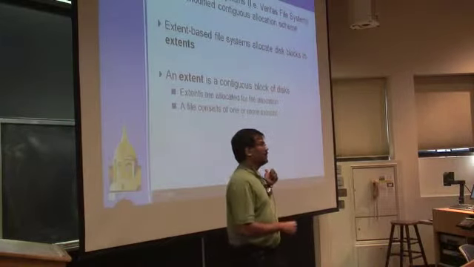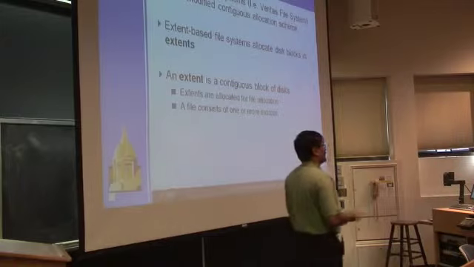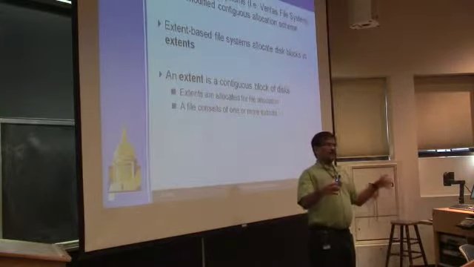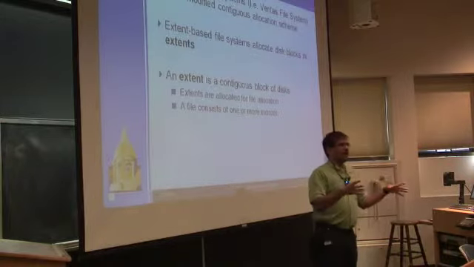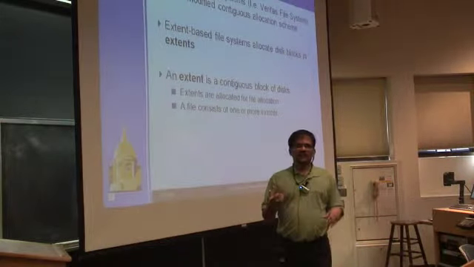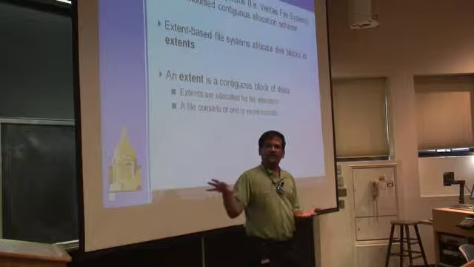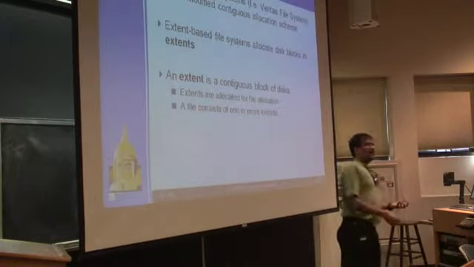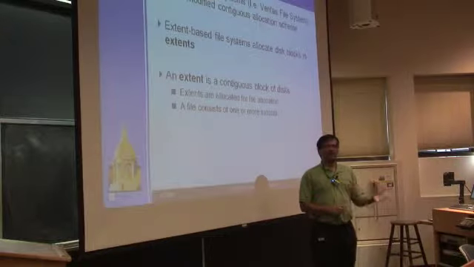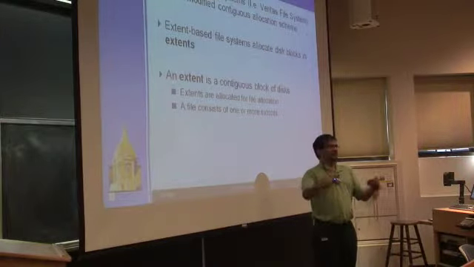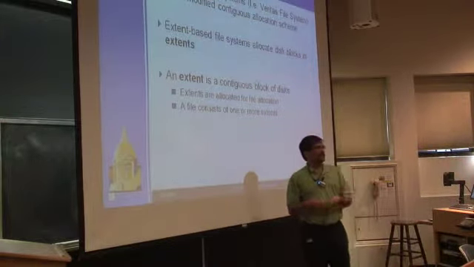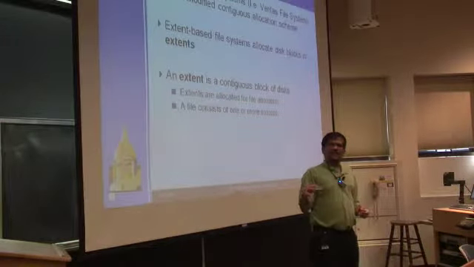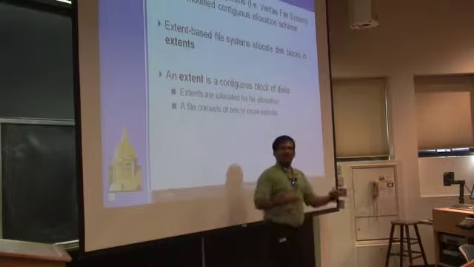The way they solve that is through a concept called extents, which is essentially you create super blocks, right? You group a set of blocks into an extent, and then you allocate an extent. So if you ask for a block, and the extent size is, say, 100, I'll give you a 100-block extent, right? You'll be sequential across the extent, and when you have 2 extents, you'll have the same.